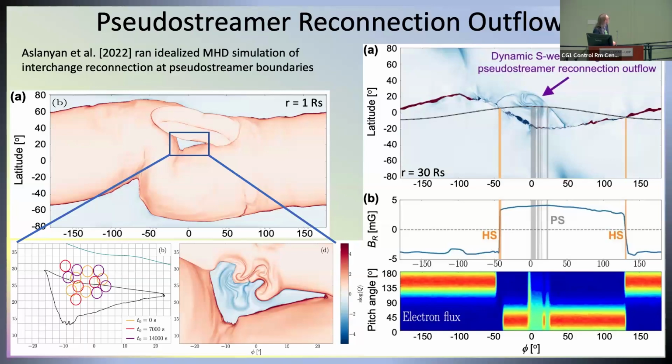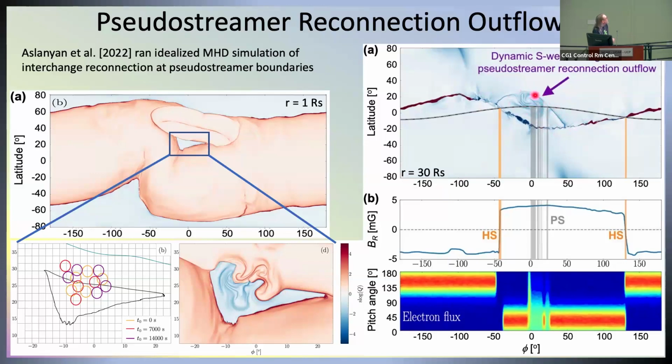Okay, and so here is more or less the same thing, but instead of being an isolated pseudostreamer, you can stick it into a more realistic field configuration. You can do the same thing where you stress the boundary, and you can look at that wave propagate up through and live on these S-Web arcs.